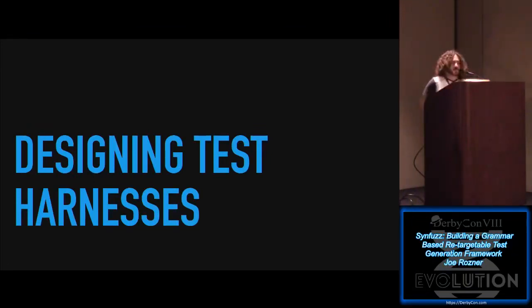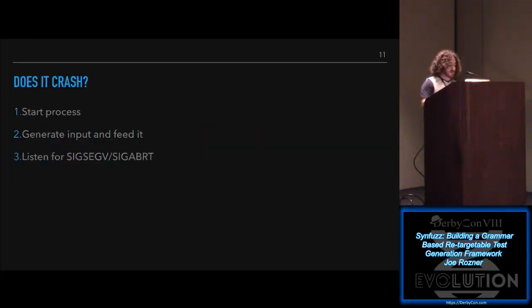So we've seen how we can use this now. Let's talk about designing test harnesses, because that's really where we're probably going to spend a lot of the time using a tool like this. At the most basic level, this is what we typically see most fuzzers doing: did it crash? Did it do something that is considered bad? To do this, we can use something like popen or exec. We start the process.